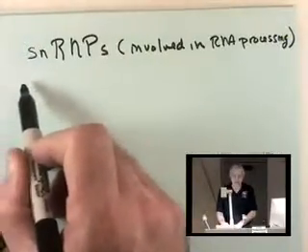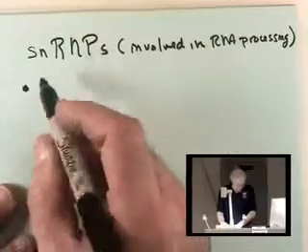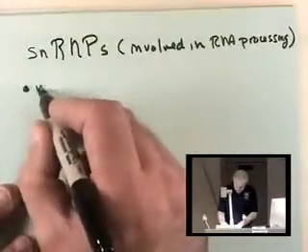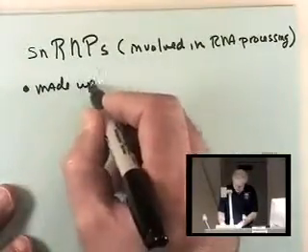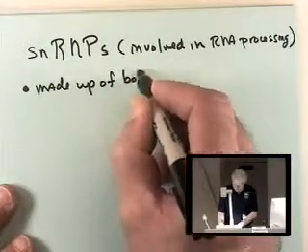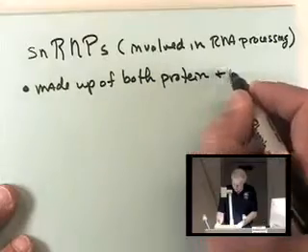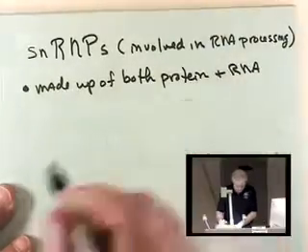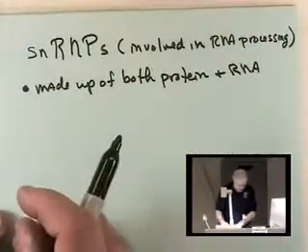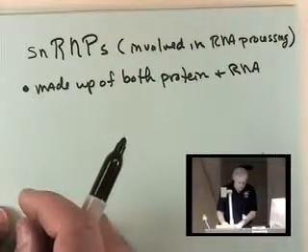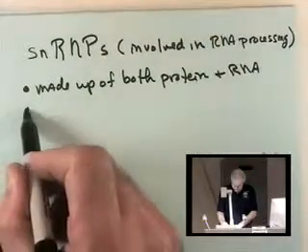So these little SNRNPs are made up of both protein and RNA, as we said. They join together to form a large structure called the spliceosome.